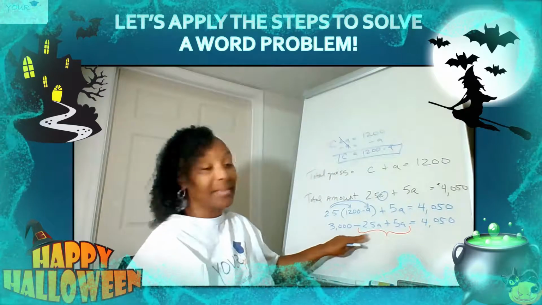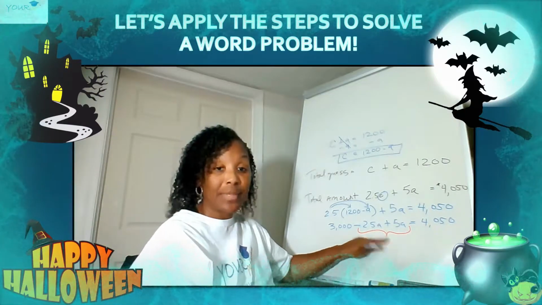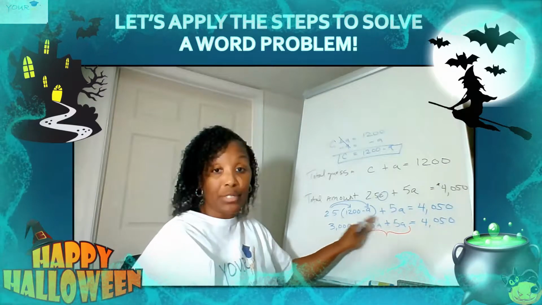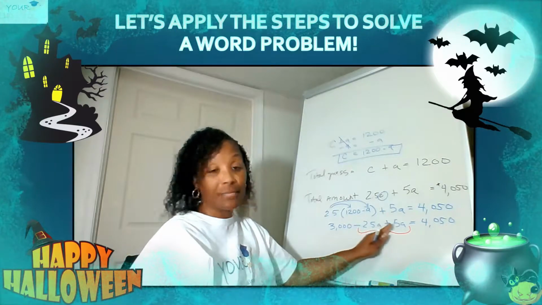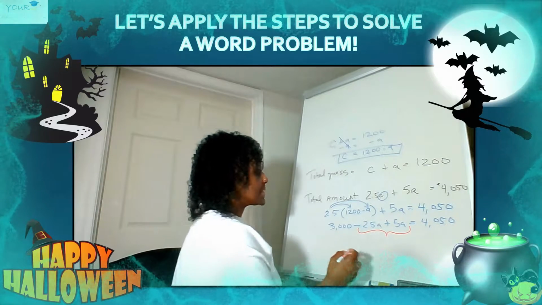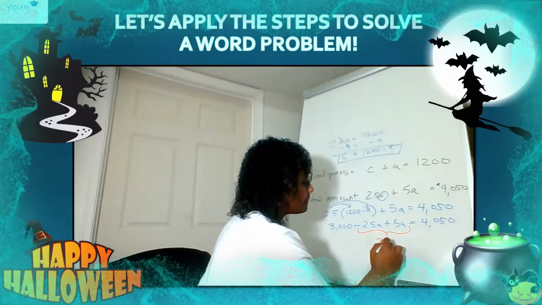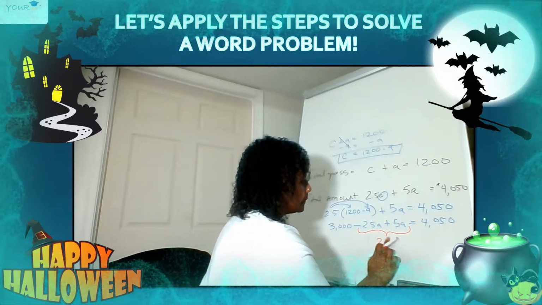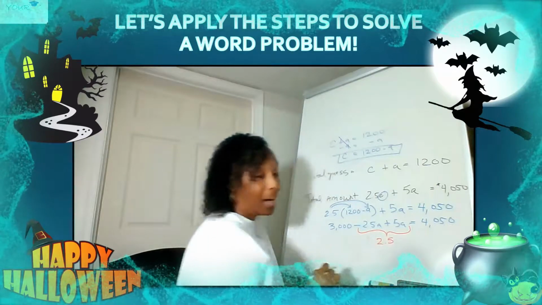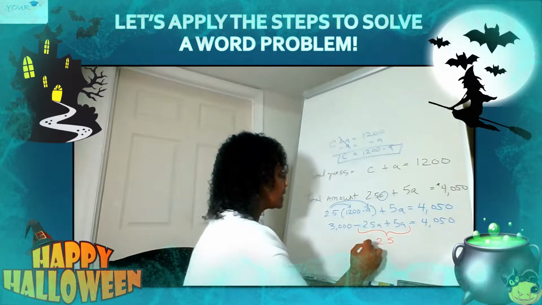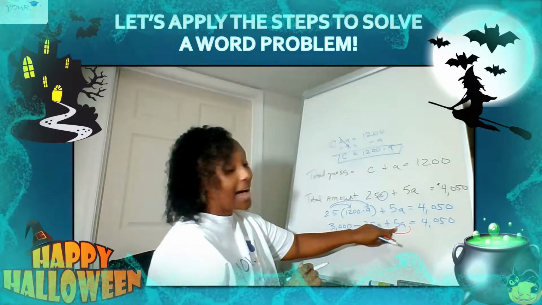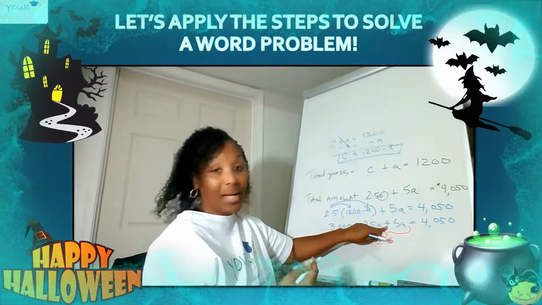And when I combine them, I'm actually going to subtract because I have two numbers with opposite signs. I have a negative and a positive. So I'm going to subtract. That's going to give me 2.5. And this is going to be a positive 2.5 because 5 is the greater number with the positive sign.